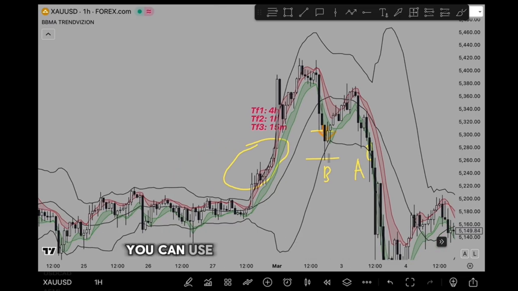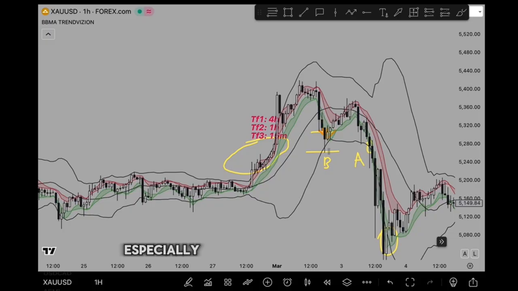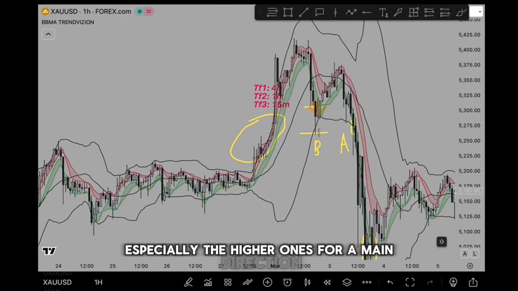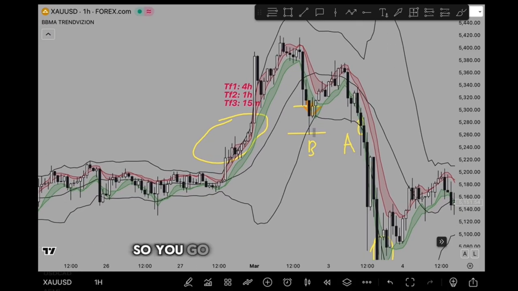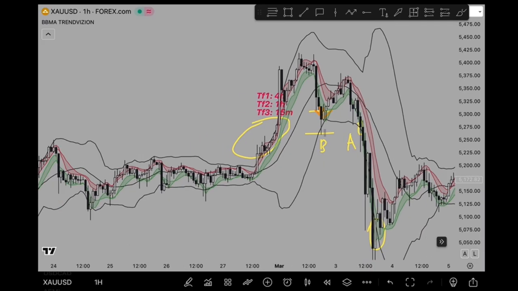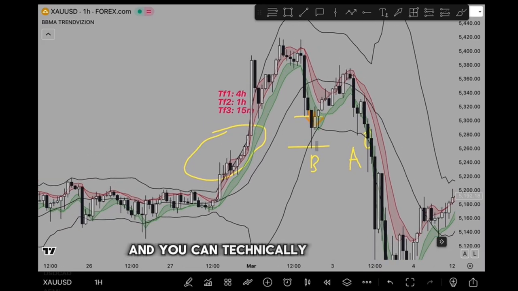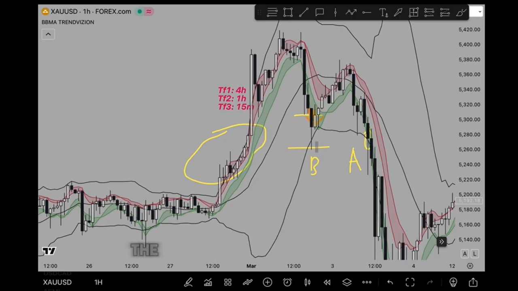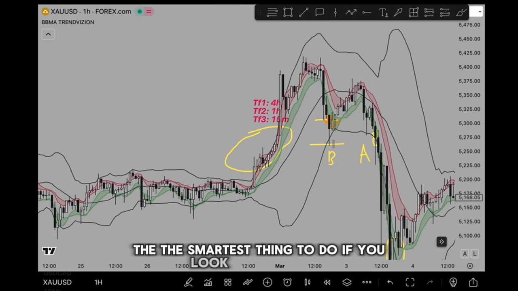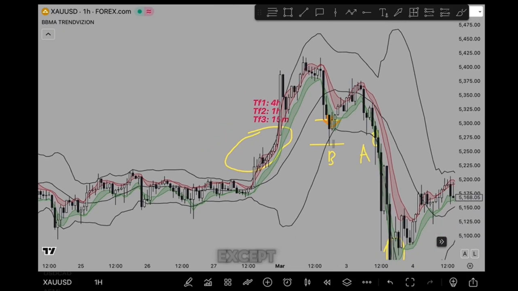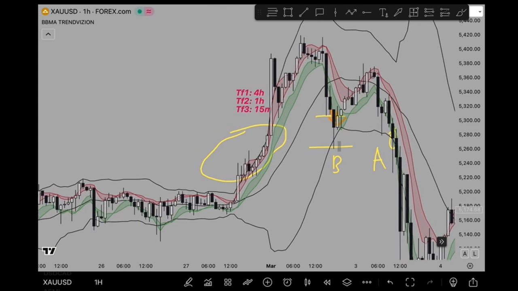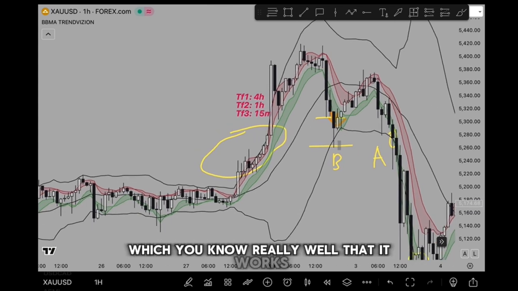And of course you can use the other time frames as well, especially the higher ones, for a main direction. So you go with the high time frame trend. And you can technically even go to lower time frames, but it's not the smartest thing to do if you look for reversals, except if you use a tested system by yourself, which you know really well that it works.